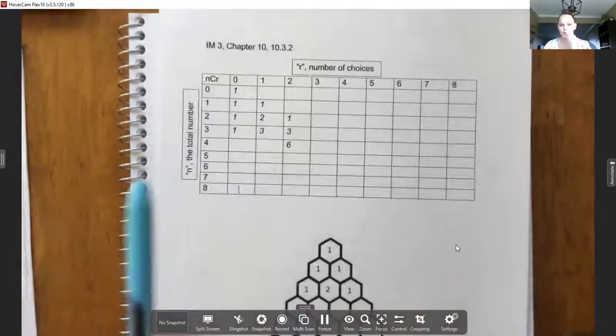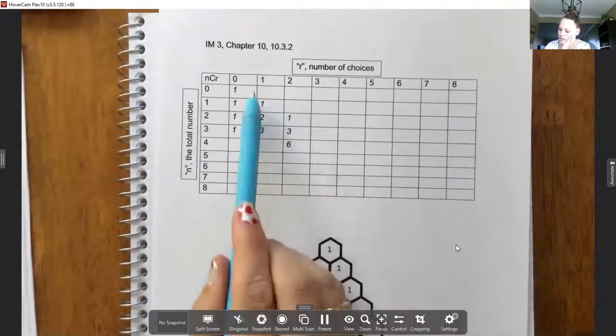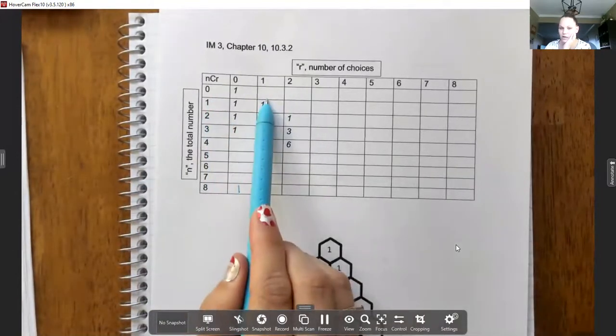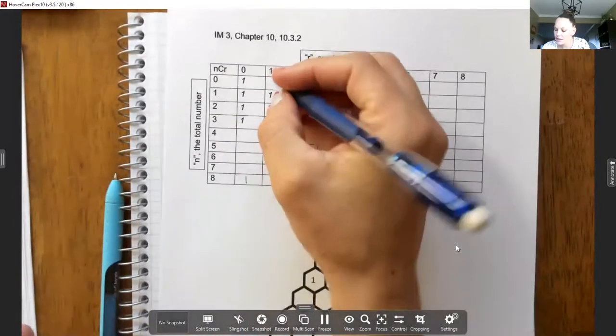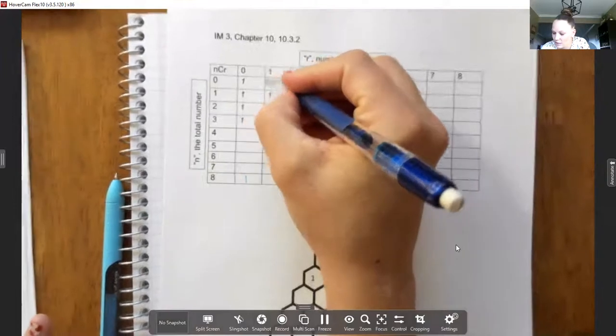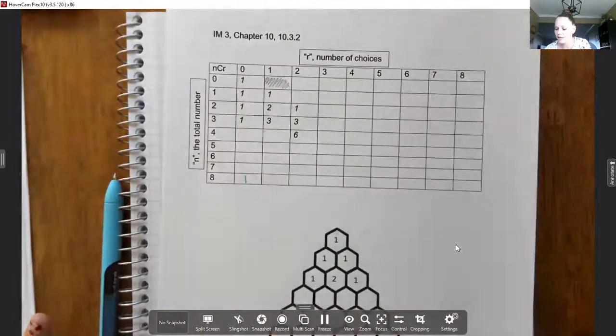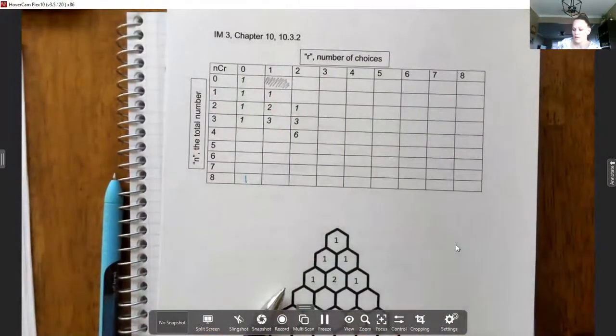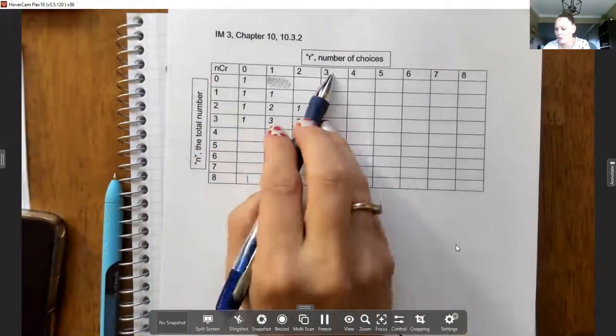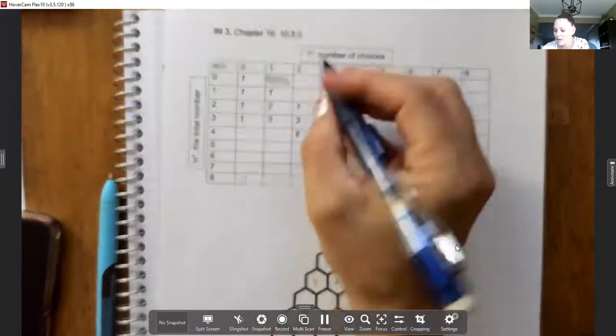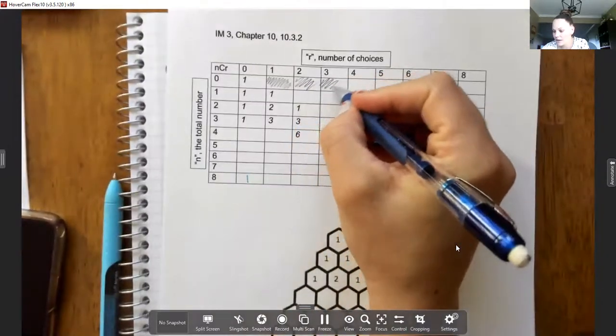So this box right here, sorry, is 0, choose 1. This box doesn't exist. If we have 0 things, we can't choose 1. Same thing if we have 0 things, we can't choose 2, 3, 4, 5, 6, 7, or 8 of them. So none of these boxes are going to have anything in them.